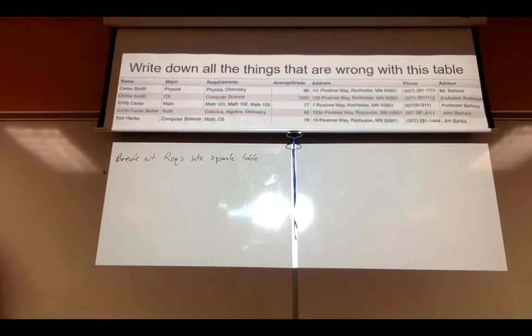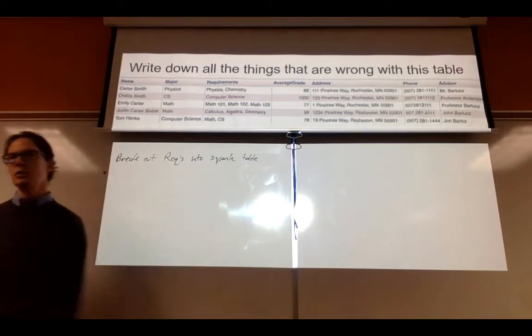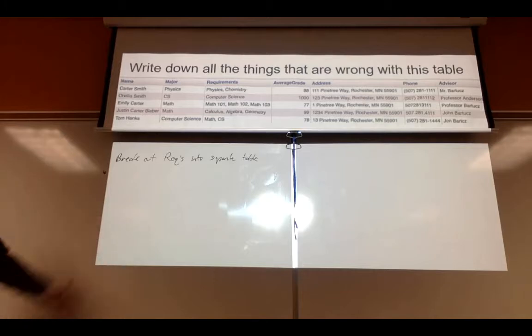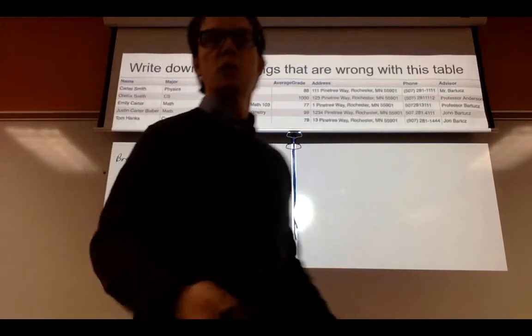Is there a one-to-one relationship? If I am Carter Smith, am I required to take physics and chemistry? Is this somehow related to me as a person? Not really, it's related to my major. So that's another reason to break out into a separate table: this table is mostly about students, whereas this is mostly about majors. It's a completely different topic. So logically, it should be somewhere else.